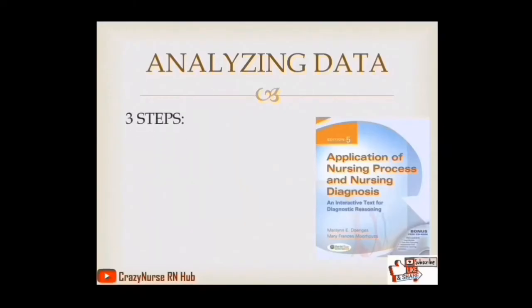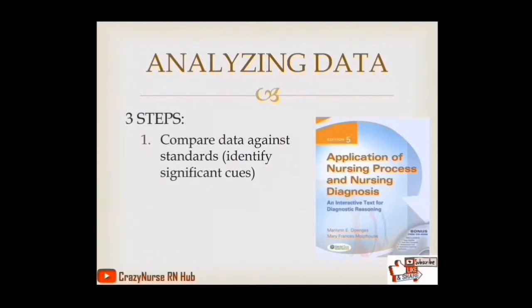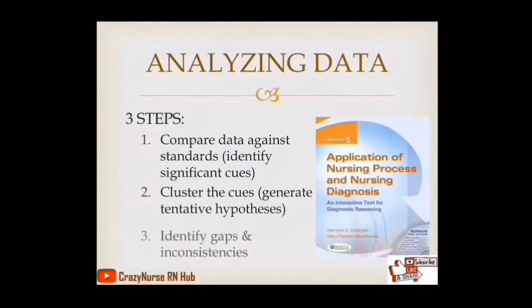Compare data against the standards. Identify significant cues. Next is cluster the cues, generate tentative hypotheses, and identify gaps and inconsistencies. For experienced nurses, these activities occur continuously rather than sequentially.